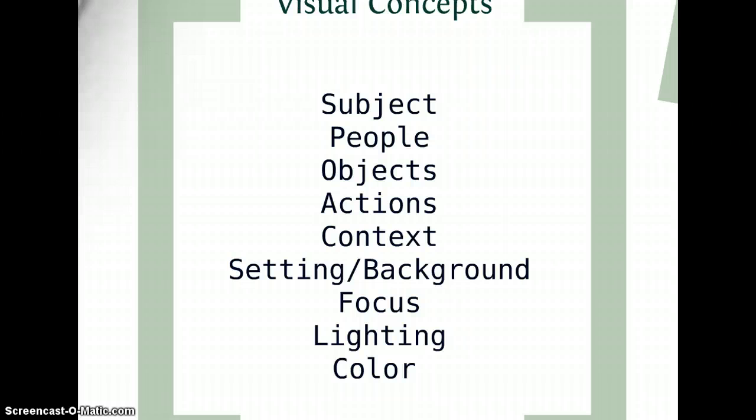And also, when you start considering your image, either you're going to do a political cartoon, an advertisement, a video, a movie monologue, whatever you decide, you want to consider these concepts: subject, people, objects, actions, context, setting, background, focus, lighting, color.